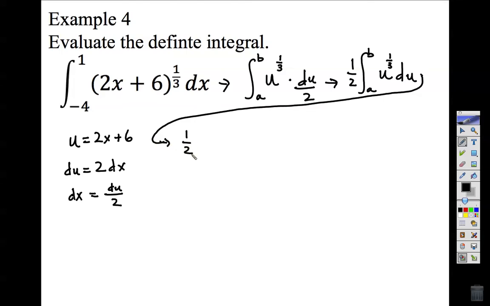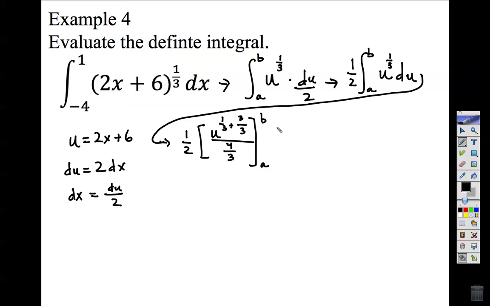So that becomes 1/2 times 1/3 and 3/3. Since this is 1 plus 3 is 4, all solved between a and b.